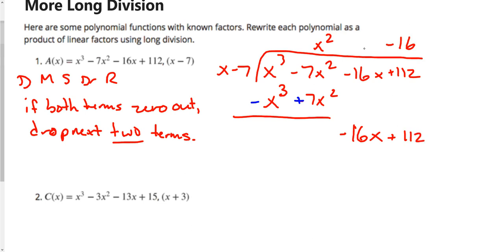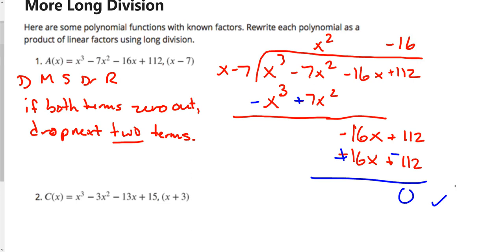That way, negative 16 times x is negative 16x. And then 16 times 7 is 112. You can check that with a calculator. Positive 112, because negative times negative is positive. Change the signs. And they add up.